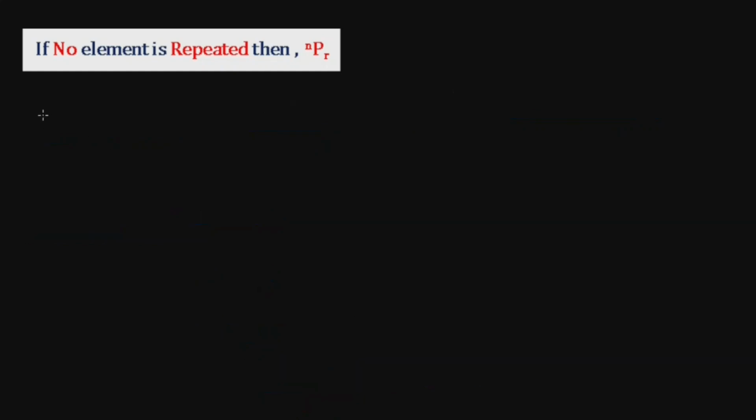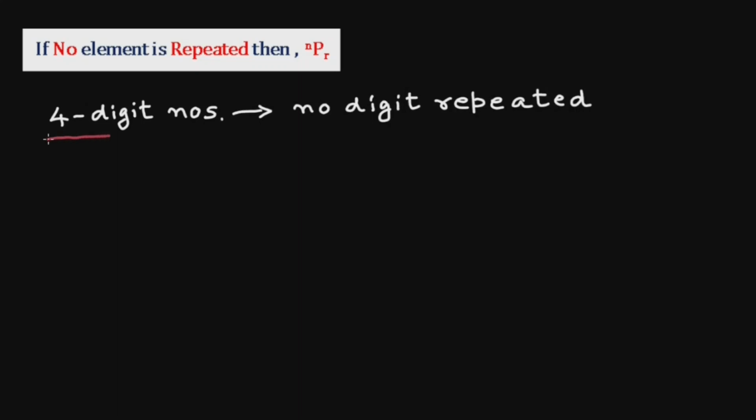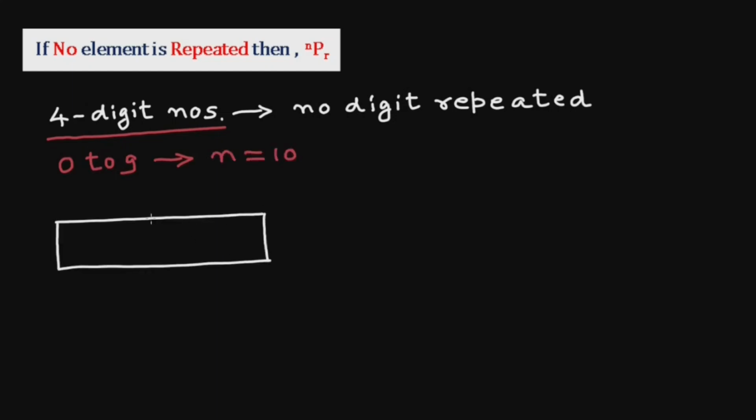We have to find how many 4-digit numbers are there with no digit repeated. These 4-digit numbers will be formed from digits 0 to 9, so n will be 10. We have to fill 4 vacant places. This first place should be non-zero, so omitting 0 from 10 digits, this first place can be filled in 9 different ways.